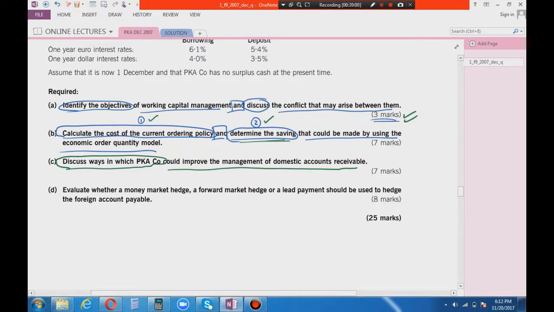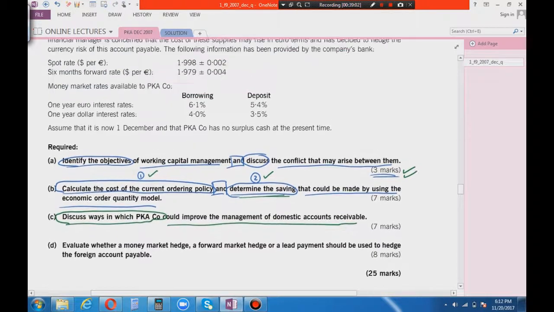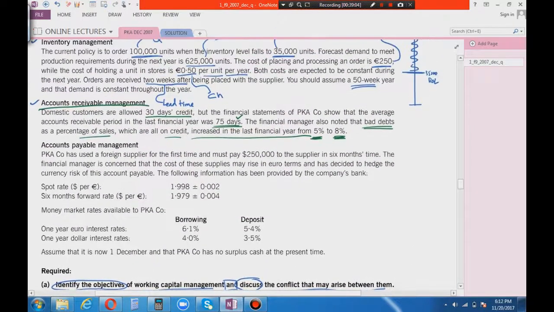obviously you have to find out what the weaknesses are first. So you have just identified 2 weaknesses. First one, customers pay late, receivable days are more than we have allowed them, and the second one, that the bad debts have increased from 5% to 8%.